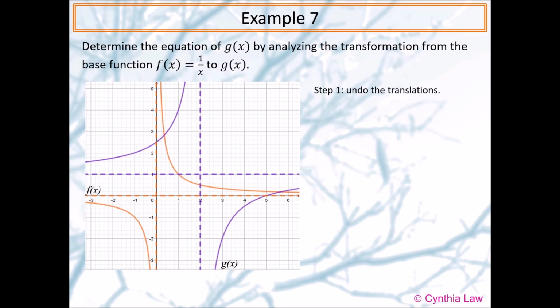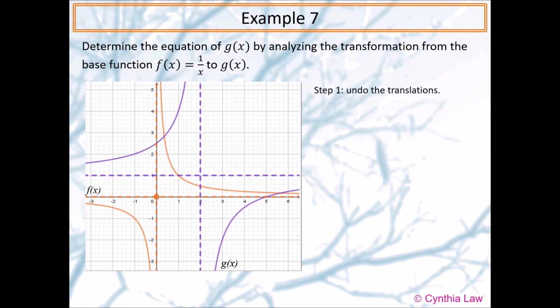So remember, for the other 2 examples, the first thing that I did was I identify the origin. I use an empty circle because this point is not part of the curve. So I use an empty circle to indicate it's not an actual point. It's just something that I'm using for the analysis.